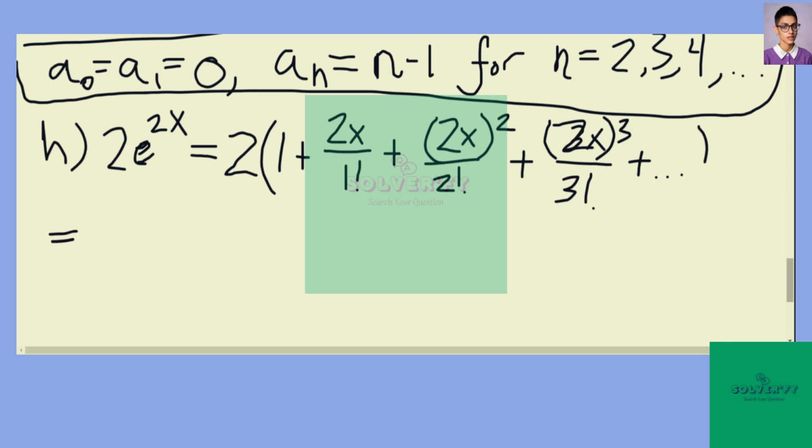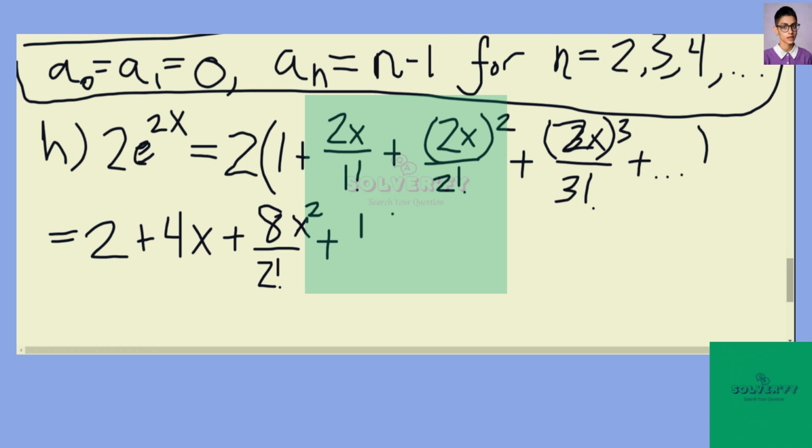And this is equal to 2 plus 4x plus, and this is going to be 2 cubed, which is 8x squared over 2 factorial plus, and then 2 to the fourth is 16 over 3 factorial x cubed, and so on.